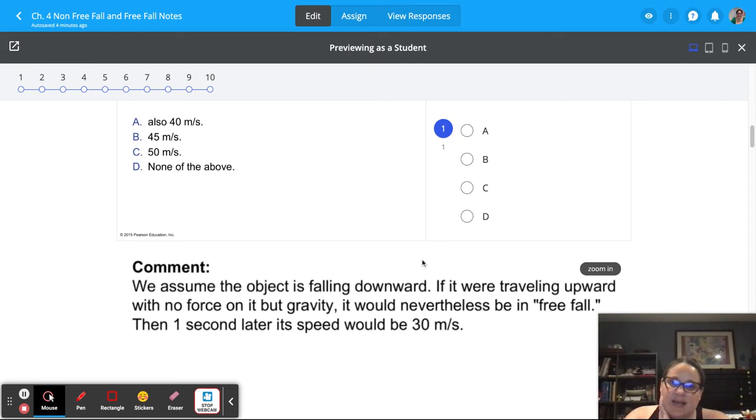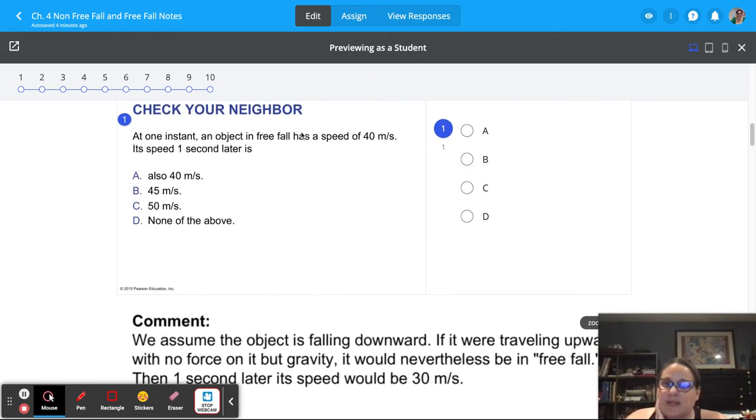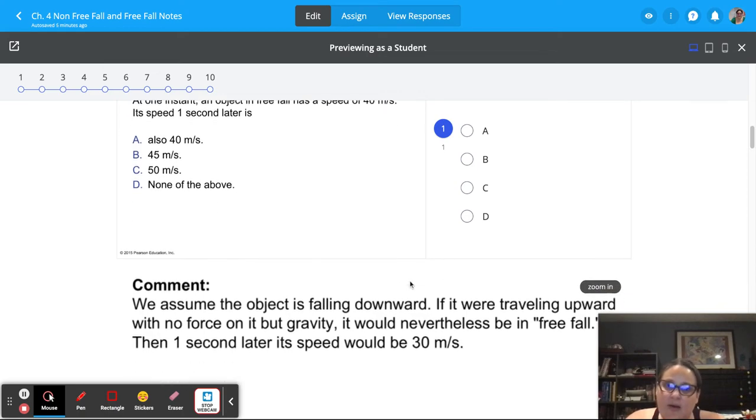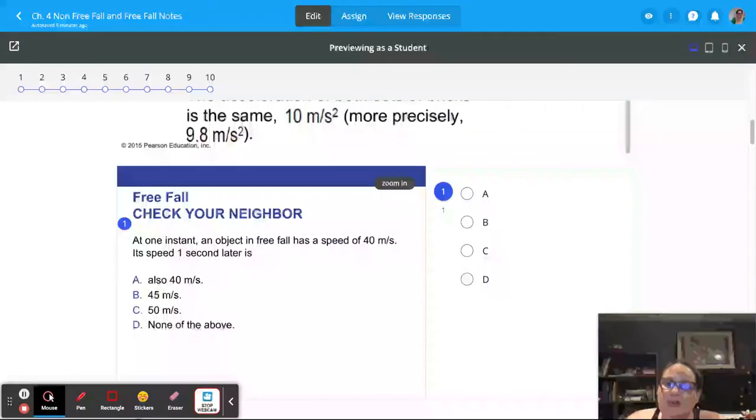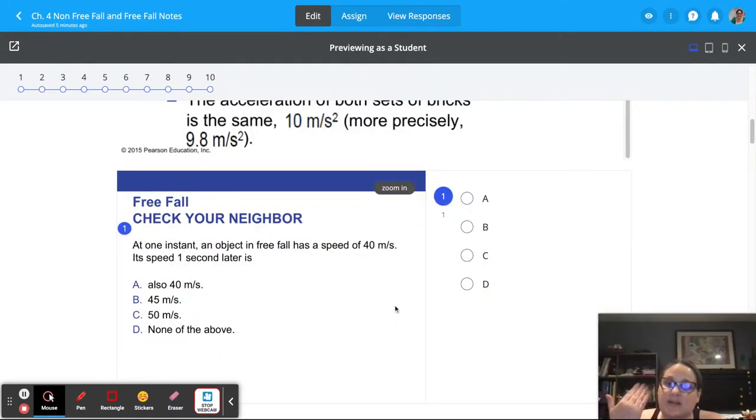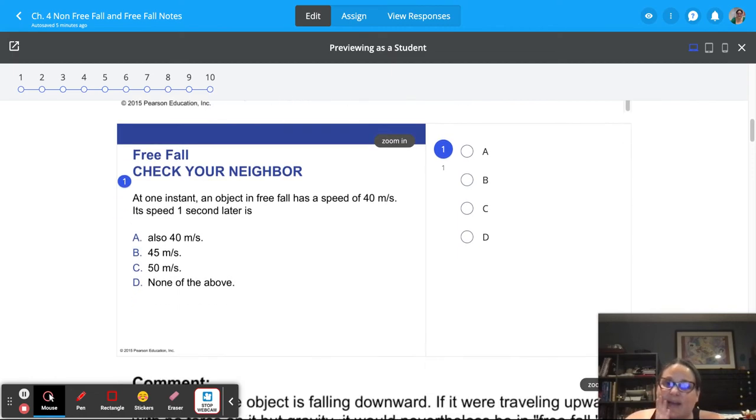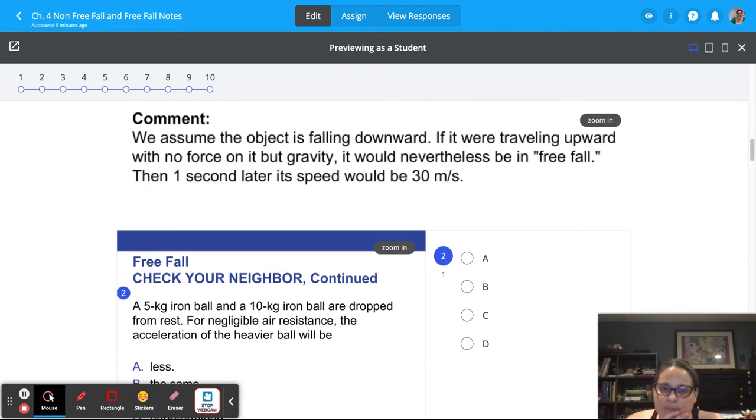So it's just saying that if we're assuming that the object is falling downward, then its velocity is changing by 10. So in other words, it's increasing by 10. If it was traveling upward, it would still technically be in free fall, but the velocity would change to 30 meters per second in a second. But we're assuming here that the object is falling downward. Also, 30 isn't an option, so that kind of narrows it down as well.